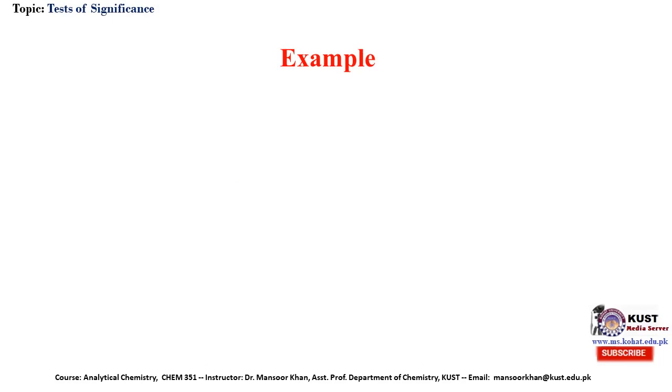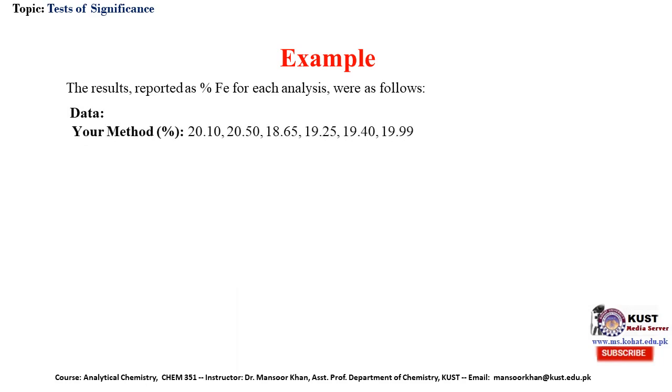Here we will take an example. The results reported as percent Fe for each analysis were as follows. The data for your method, in percentage: 20.10, 20.50, 18.65, 19.25, 19.40 and 19.99.